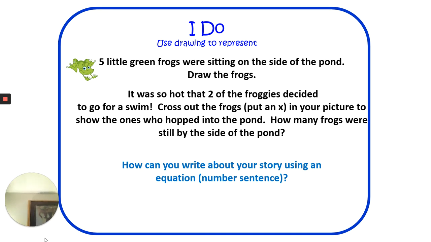Draw the frogs. It was so hot that 2 of the froggies decided to go for a swim. Cross out the frogs, and then how many frogs were still by the side of the pond?